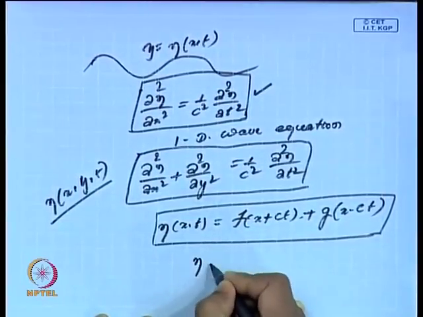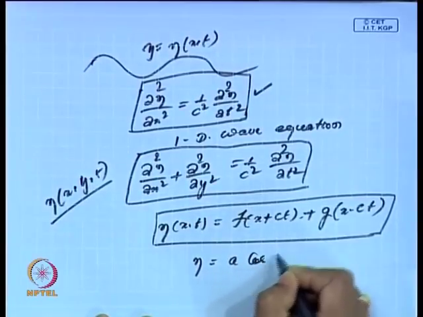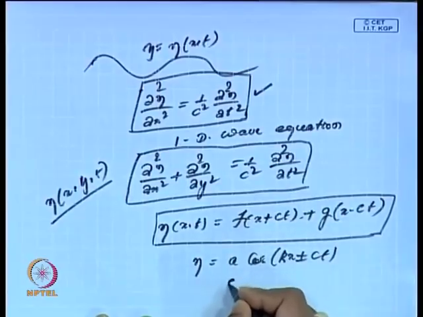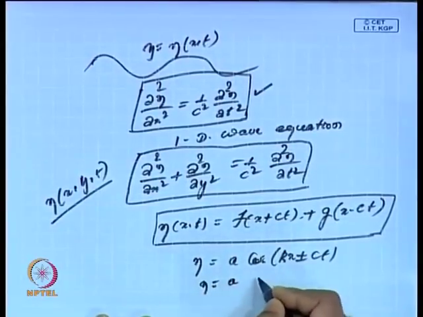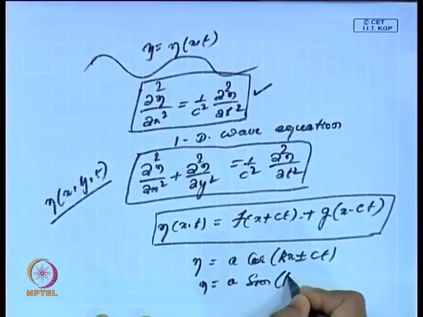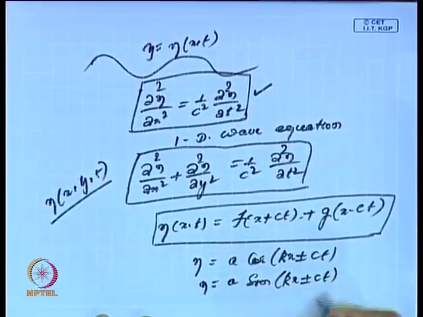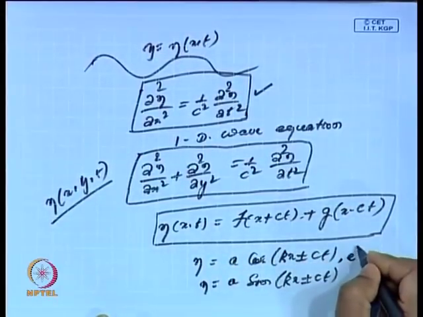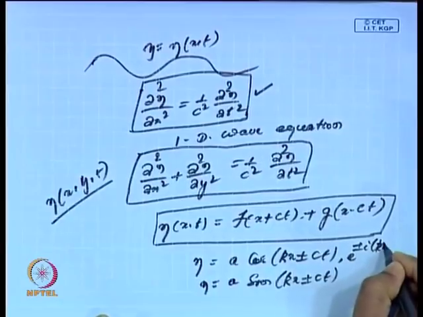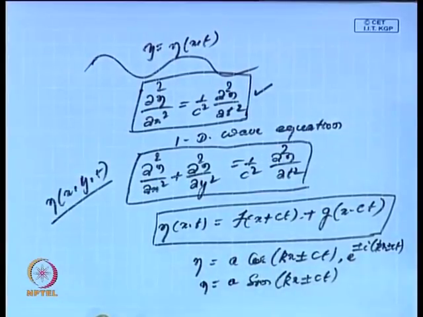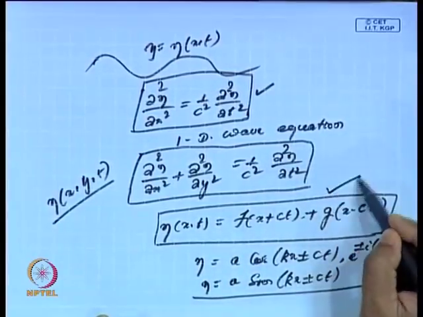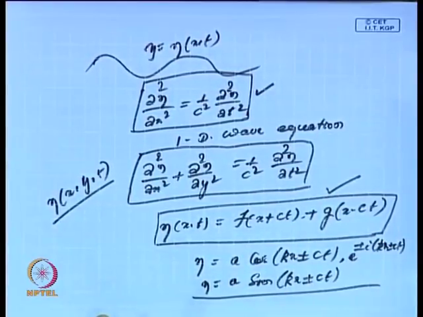So, when we look at eta is equal to a cos k(x plus or minus ct), or we say eta is equal to a sin k(x plus or minus ct), or the general case exponential form, like e to the plus or minus i k(x plus or minus ct), then all these forms are particular cases of this form.